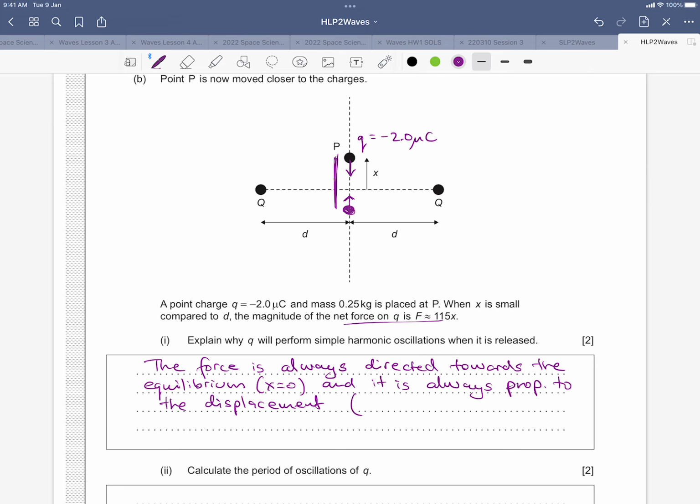So if the force is opposite and proportional to the displacements, then so is of course the acceleration, and that is really the defining condition for simple harmonic motion.